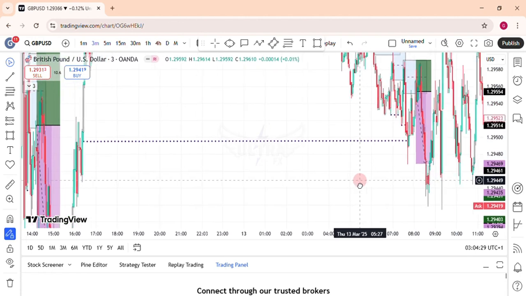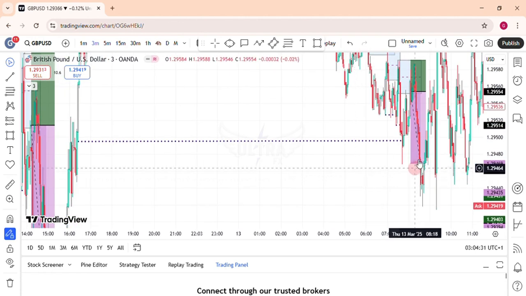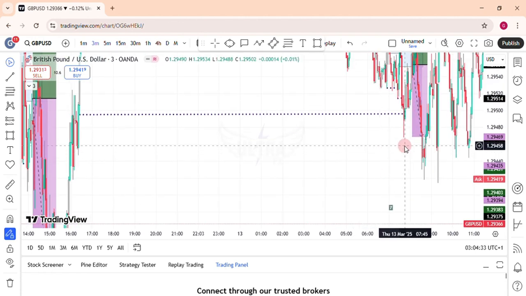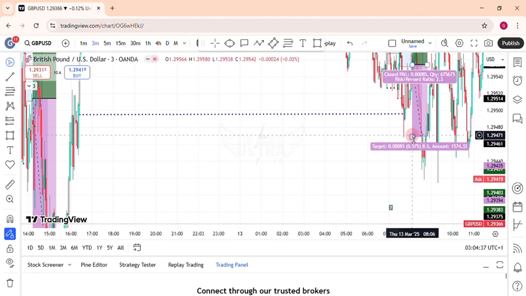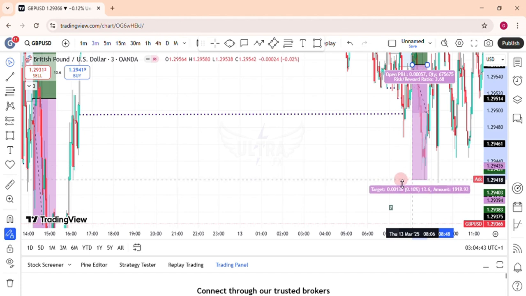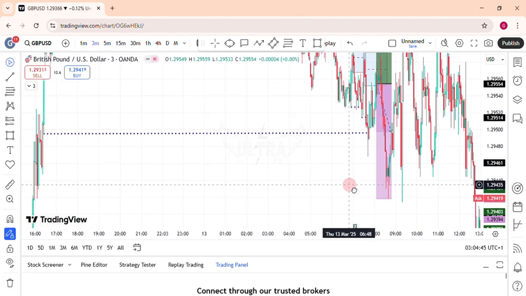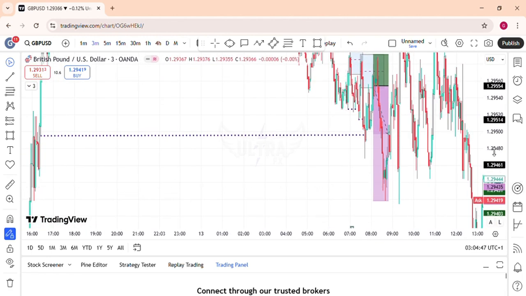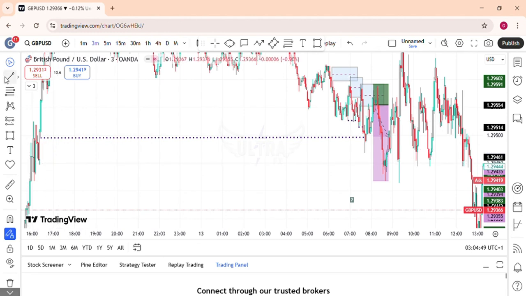And if at all you have a second TP, or you want your maximum TP, you can put your entry and your take profits here at the end of this previous low right here.